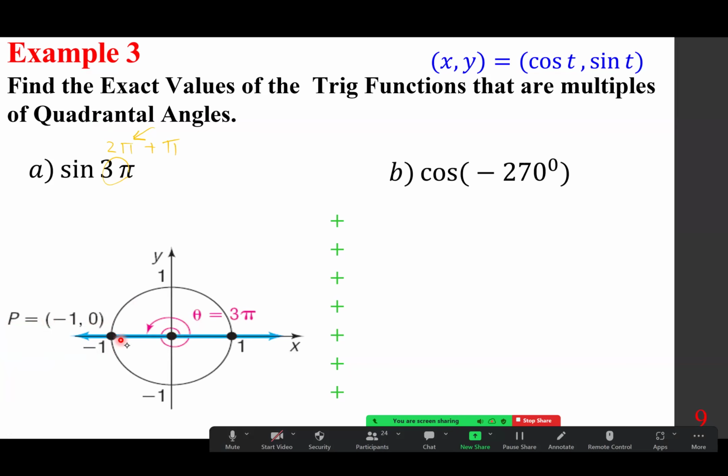And then get back to pi. And that gives us -1, 0. Sine is y, therefore it is 0. If they were asking for cosine, we would say -1, but sine of 3 pi is the same as sine of pi, and it's equal to 0.